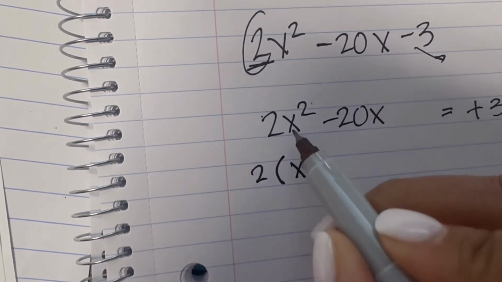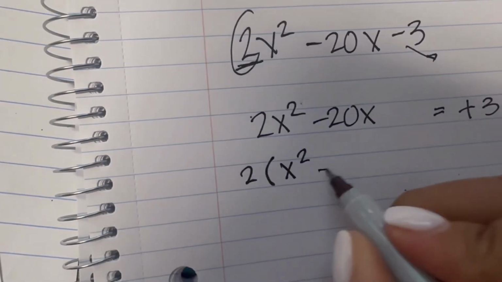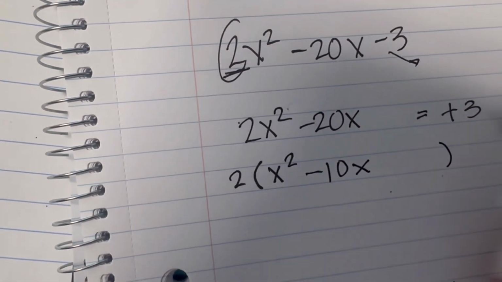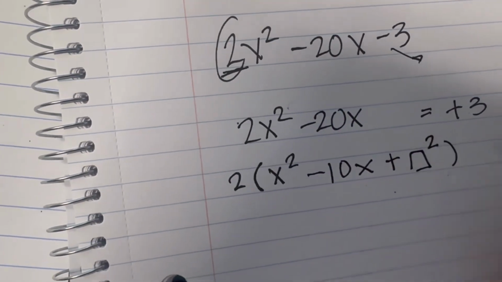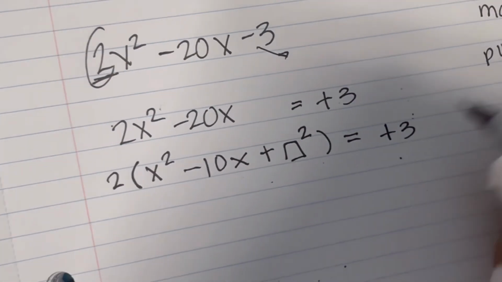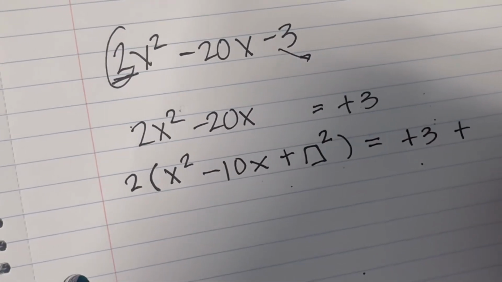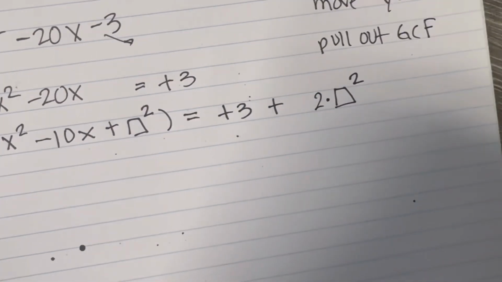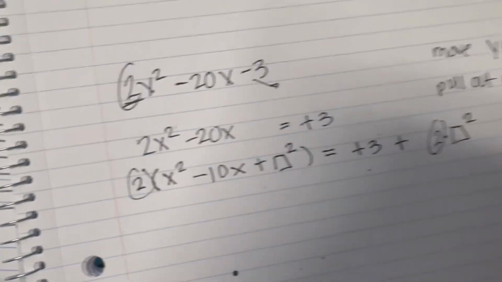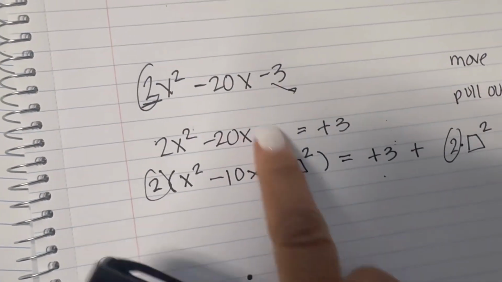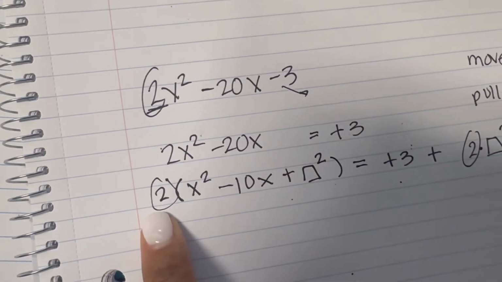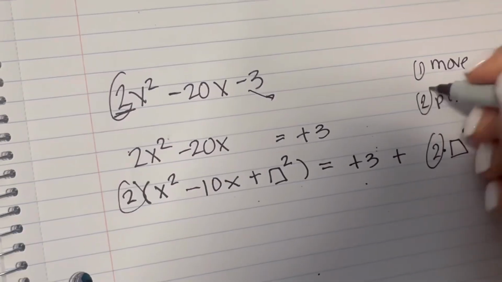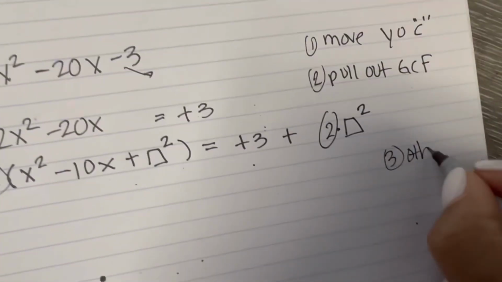So let's go ahead and pull it out. 2 times x squared, 2 times -10 will give us 20, right? Now draw your box. If you have a 2 here, you must put a 2 here to balance your equation out. Circle that. So move your c plus 3, pull out your GCF, make sure the other side has it too.